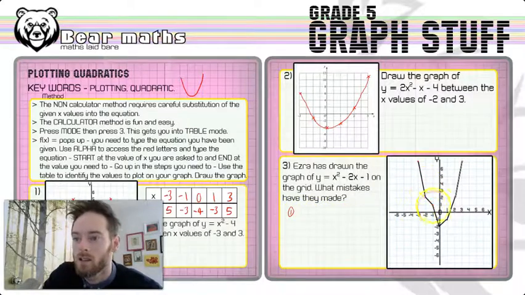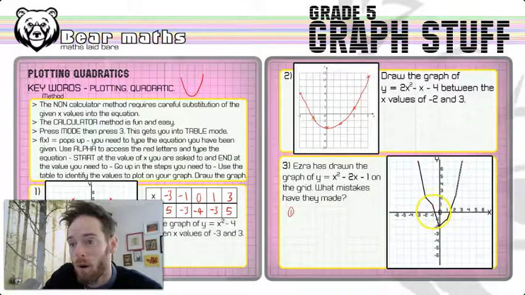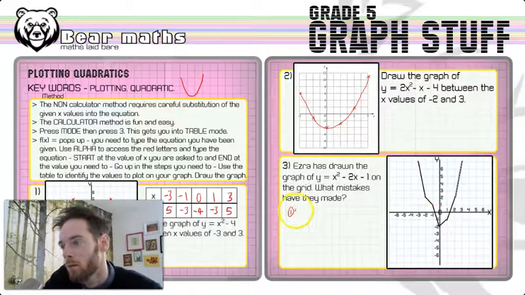The first one is that they've plotted this point incorrectly. You can see there's a kink in this. That point that they plotted at minus 1, 1 should be down at minus 1, minus 1.